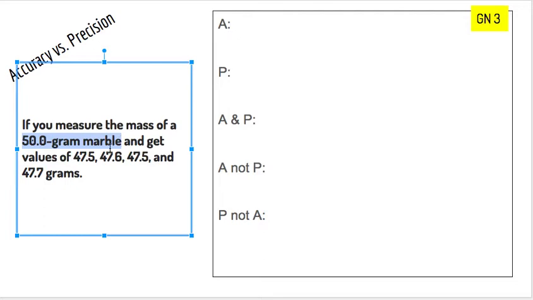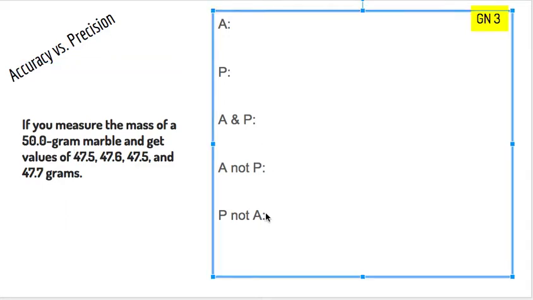However, our scale reads these values: 47.5, 47.6, 47.5, and 47.7 grams. Okay, this is not close to 50. 47 for this class would be too far from 50 grams, so it is not an accurate reading. However, all of the values are very close together, about 1/10 apart for most of them. So they are consistent, but they are not accurate.